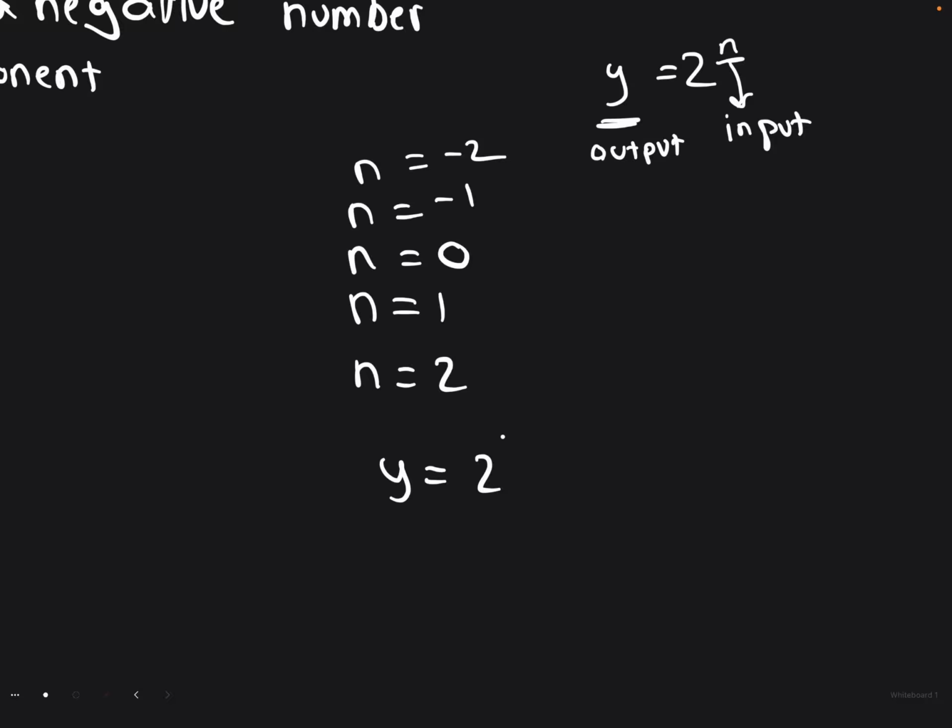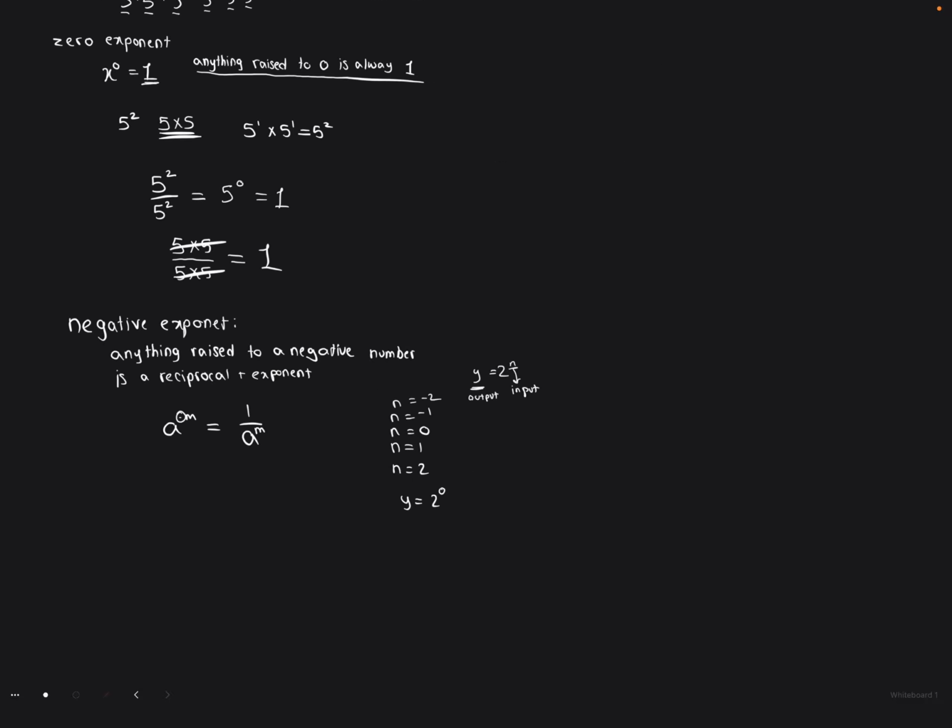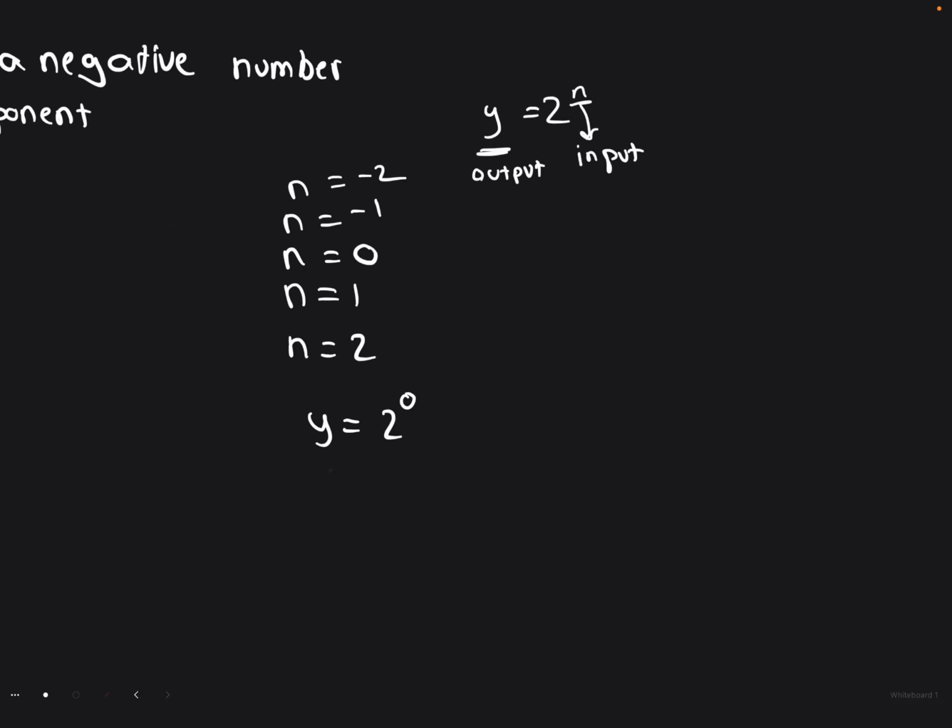So y is equal to 2 raised to 0, which we learned is 1. Therefore, y is equal to 1.